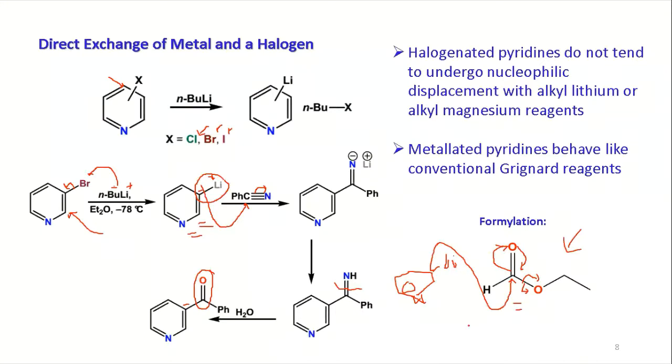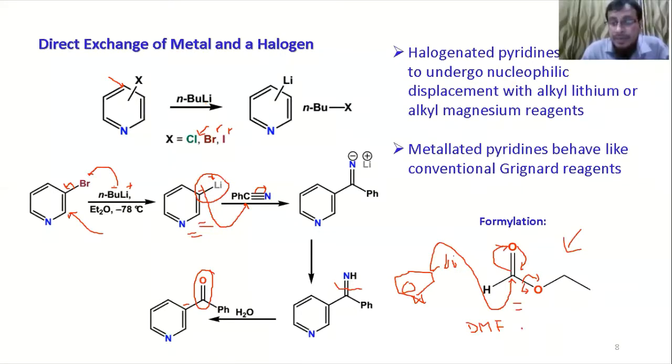Another important formylating reagent I'll tell is DMF. Okay, so this alkyl lithium reactivity is happening in case of DMF. You see how it is happening.